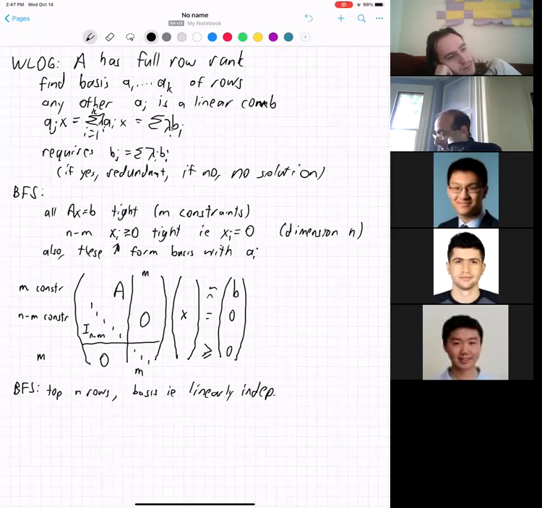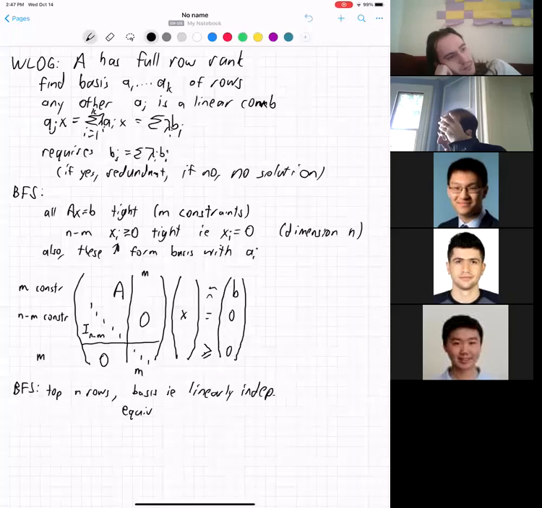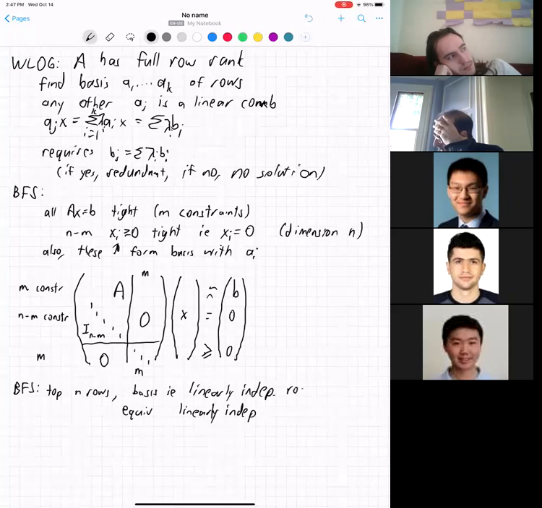So this square matrix at the top is non-singular. So that means equivalently that the matrix made of the top n rows here has linearly independent columns.